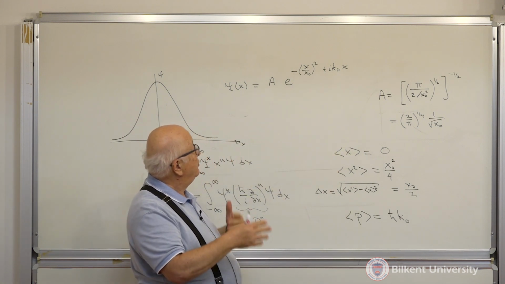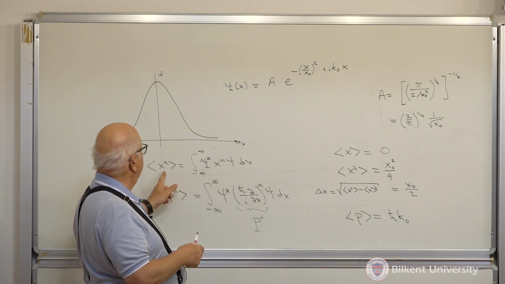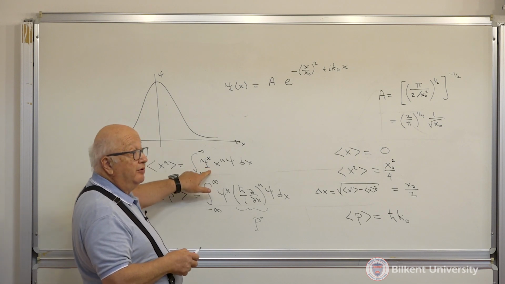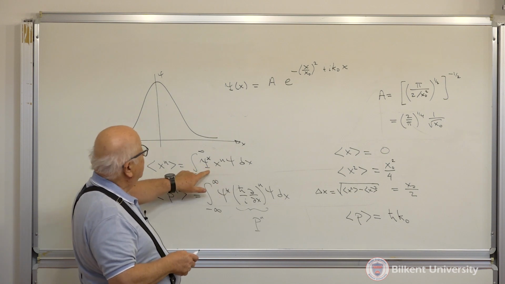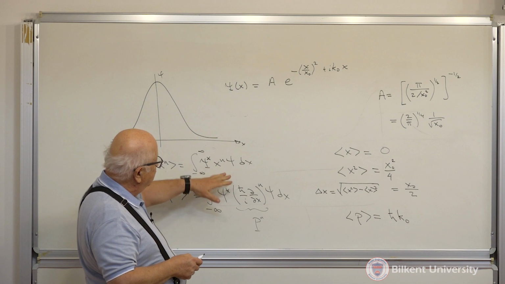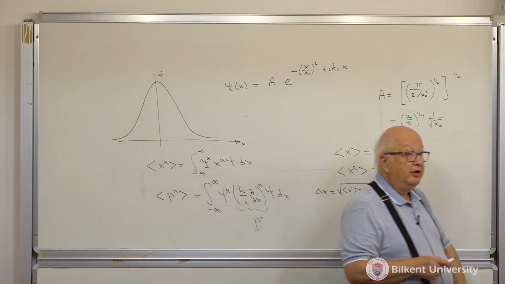That i k0 x part always canceled when we were looking at averages of x, because psi comes in with a psi star, so e to the i k0 and e to the minus i k0 cancel, so the x results are independent of k0.